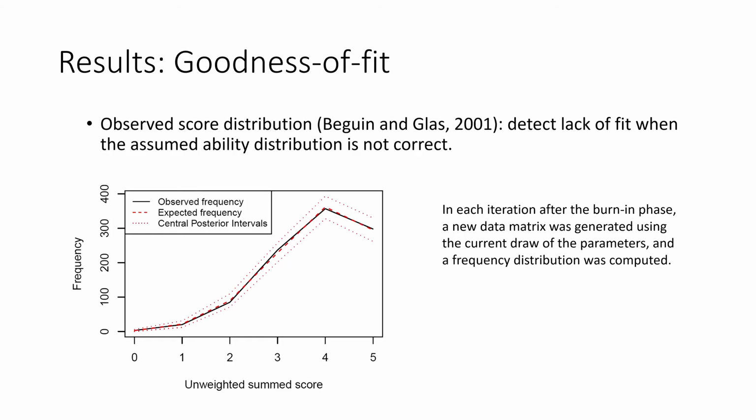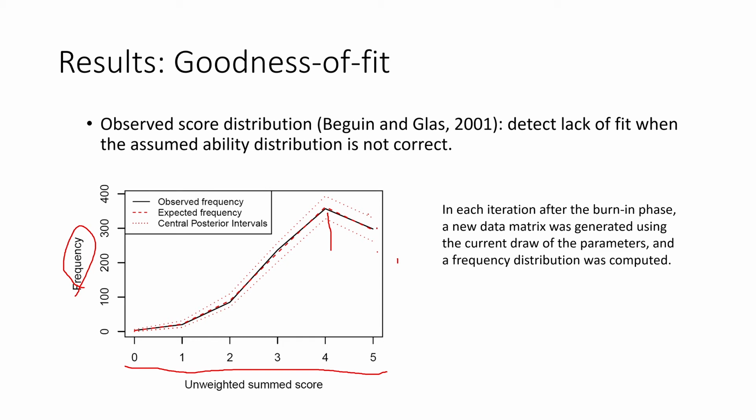To assess the model data fit, the observed score distribution is shown here. We have 5 items and 6 possible summed scores from 0 to 5. Y is the frequency of each summed score, and the black solid line here is the observed frequency. To get the red lines, we do this.